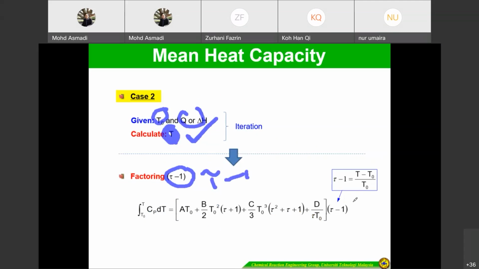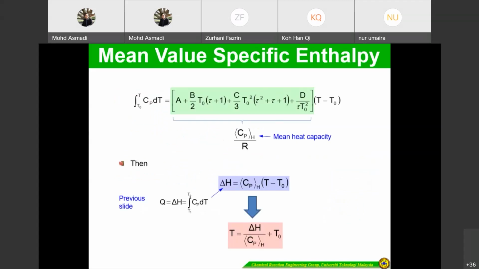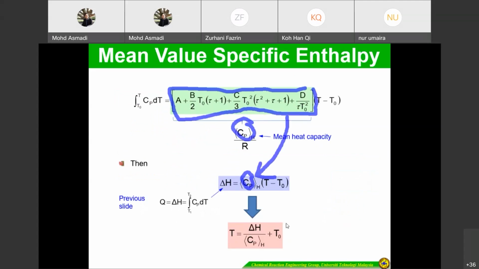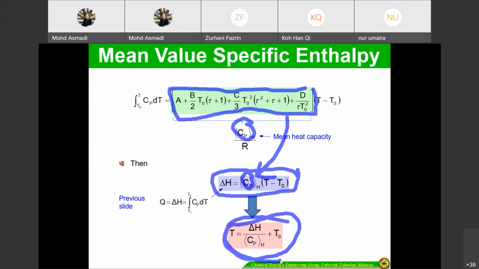Just factor this one, put it outside, and then we make it into mean heat capacity. You have to highlight this one. Once you rearrange this equation, it will be expressed in terms of T equal to delta H divided by C P H plus T naught. This one is the mean heat capacity.